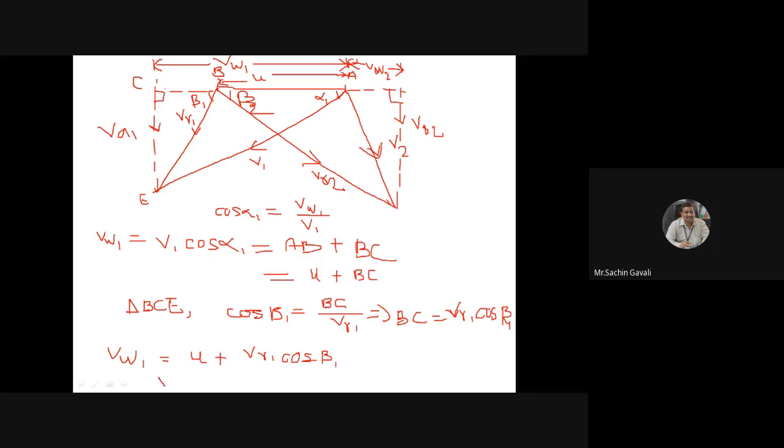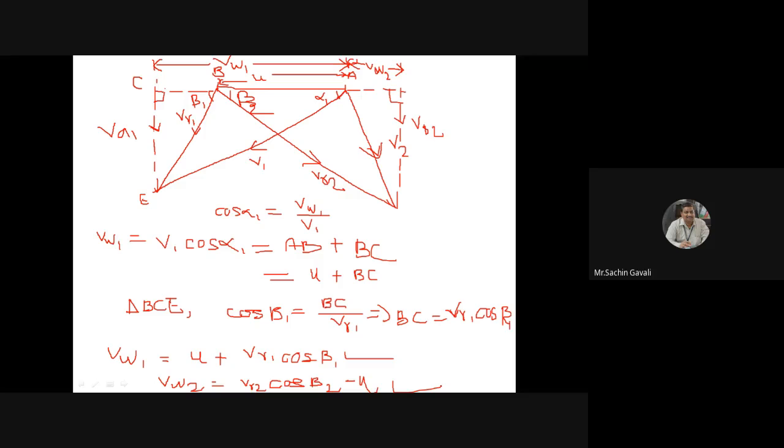If you solve this, VW2 is equal to VR2 cos of beta 2 minus U, because VR2 cos beta 2 is this much. So VW2 is VR2 cos beta 2 minus U. This we have to understand.